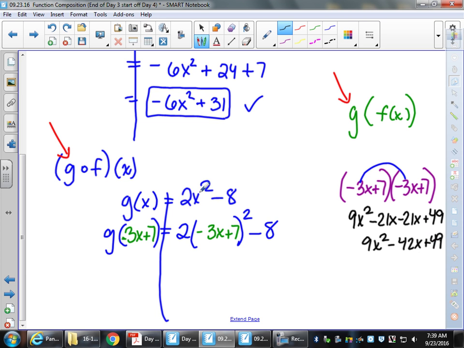And now we'll bring that back in. So this becomes 2 times 9x squared minus 42x plus 49 minus 8. And as of this, we're just working on our algebra skills of distributing 2 and combining like terms.